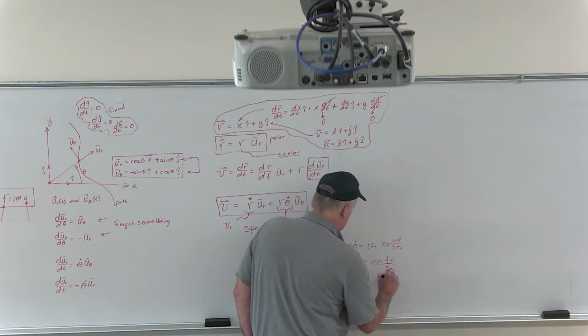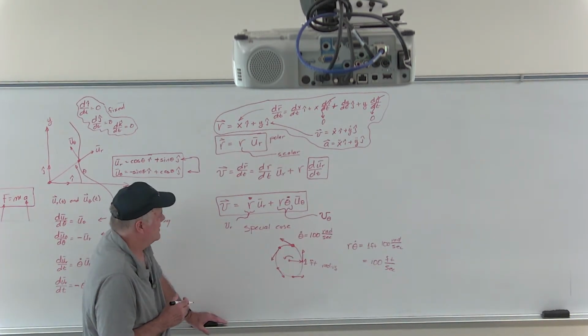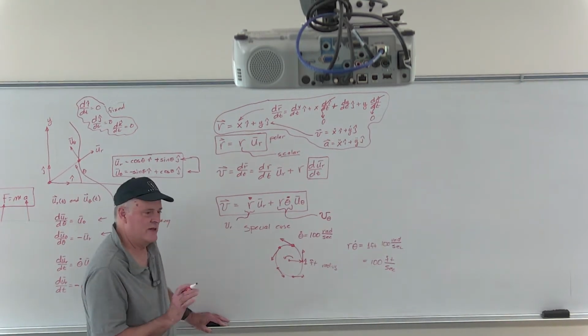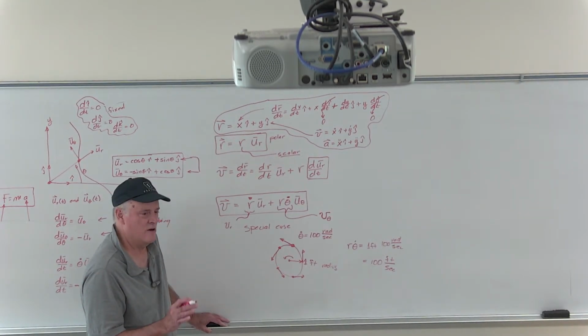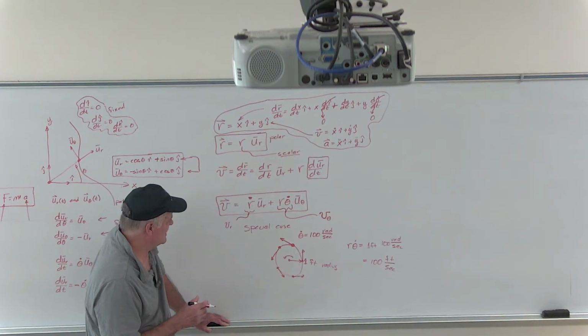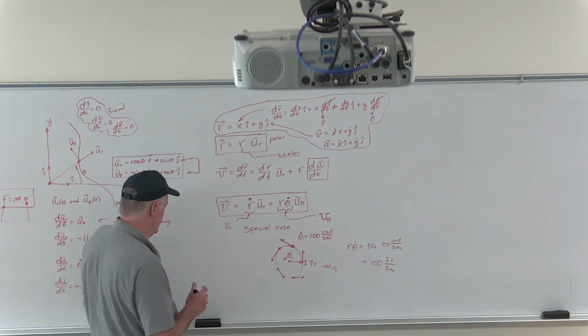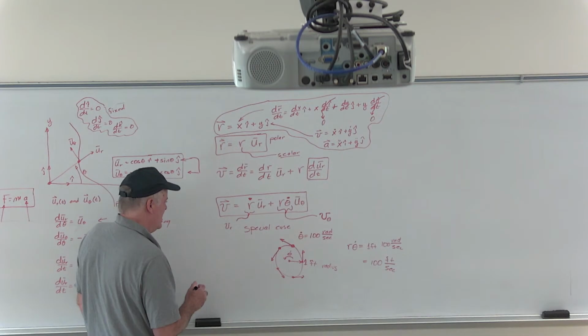Now, let's imagine that instead of this being a bicycle wheel, this is you in a car, and you're going 100 radians per second around and around, and that's this rotational speed. So just as a case in point, how long does it take you to make one cycle?